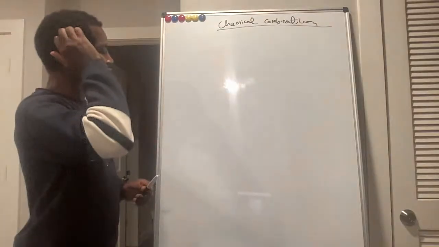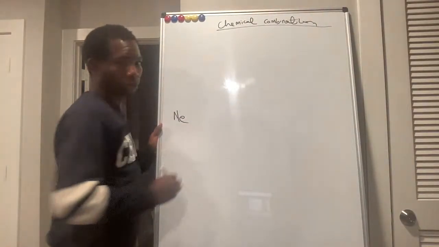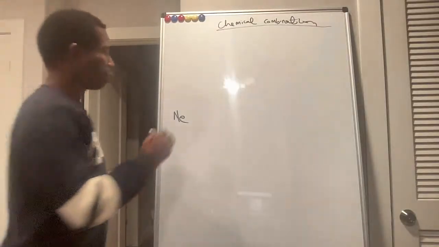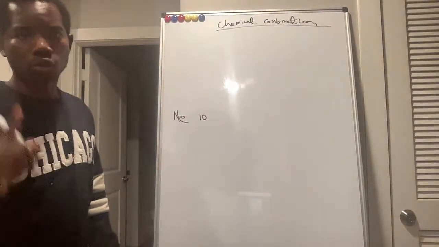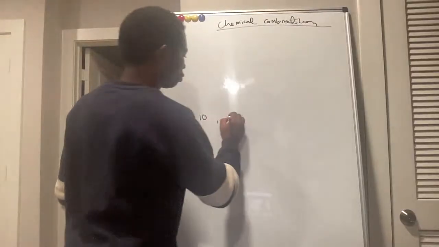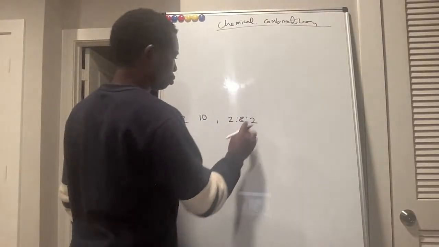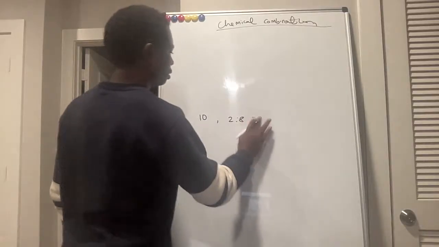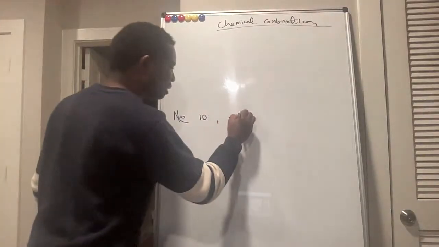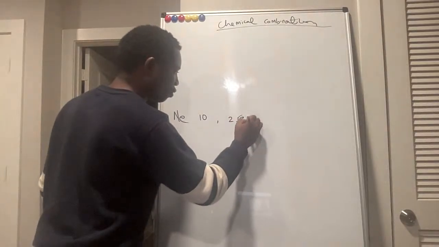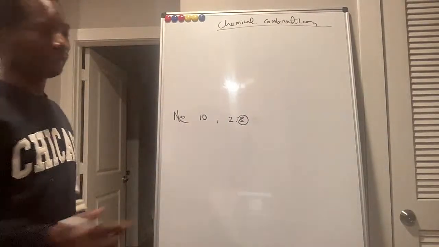So let's look at an element like neon. The atomic number of neon is 10. The electronic configuration of neon is 2.8. The 8 in the outer shell of neon is exactly 8, so that is why neon is not reactive.